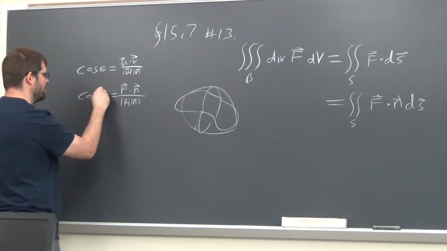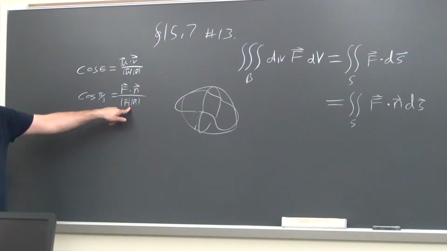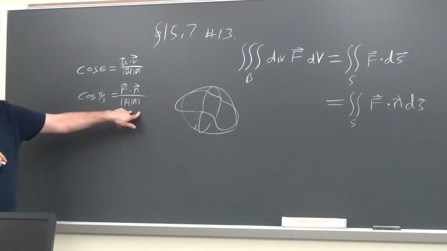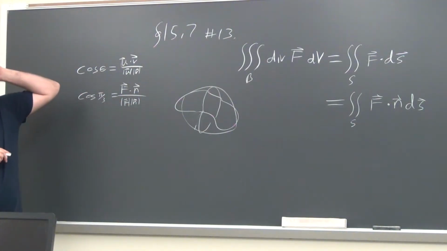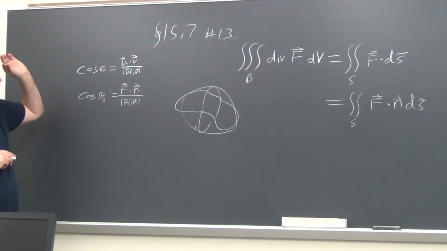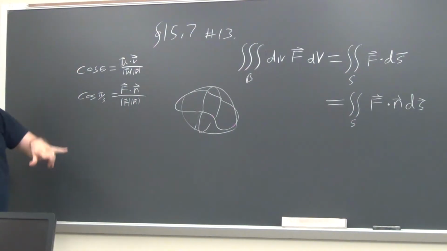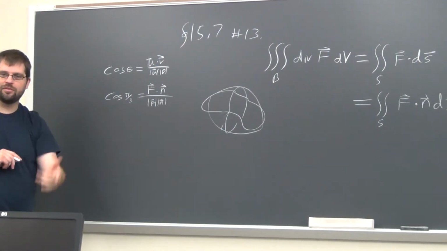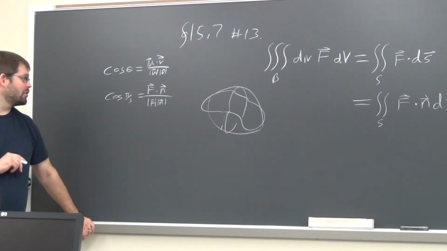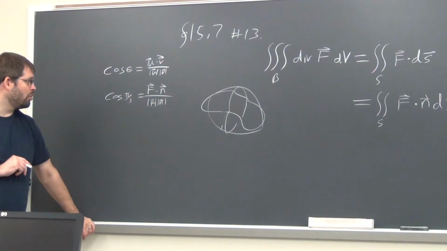They were both unit vectors, so that's 1 in the denominator. N is also a unit vector, yes, that's the definition of N. Remember, N was R sub u cross R sub v over its magnitude, or the negative of that, and you just pick the appropriate one that's sticking out.